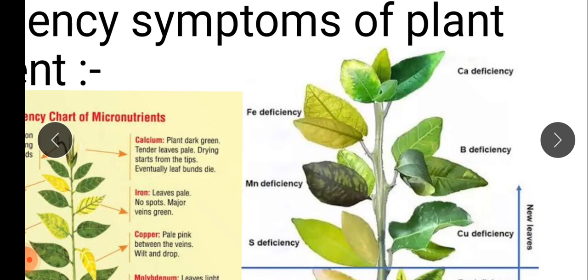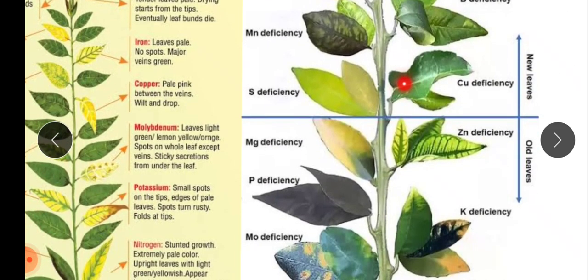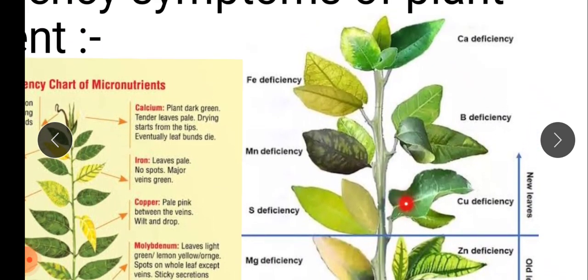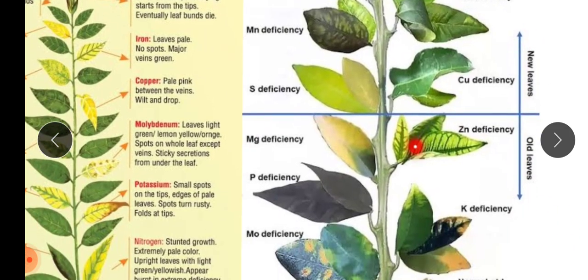After iron, we discuss manganese. These deficiency symptoms we observe in different forms.